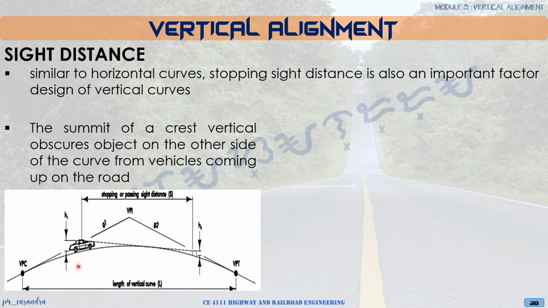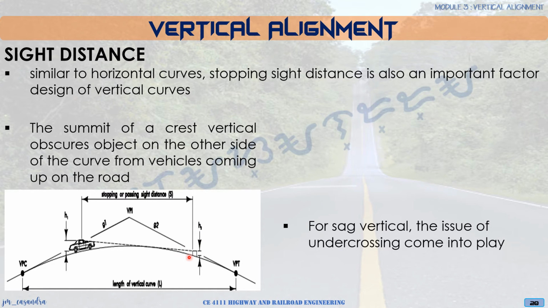So you have to design what is a safe stopping distance or passing distance between the approaching vehicle and an obstruction along the opposite side of the road.